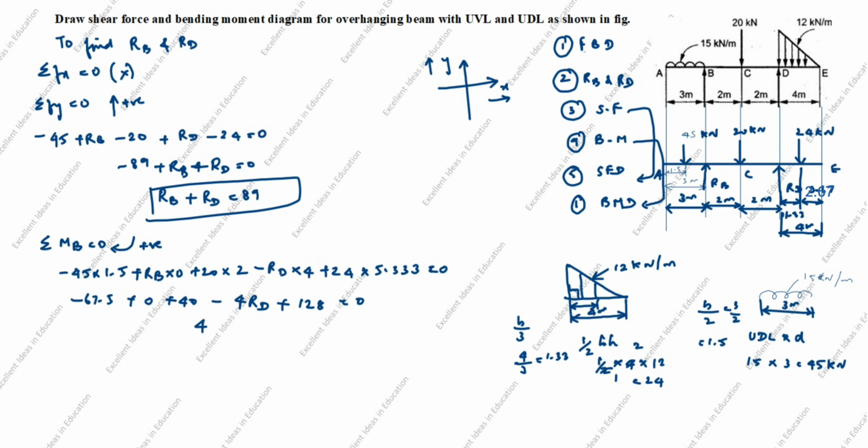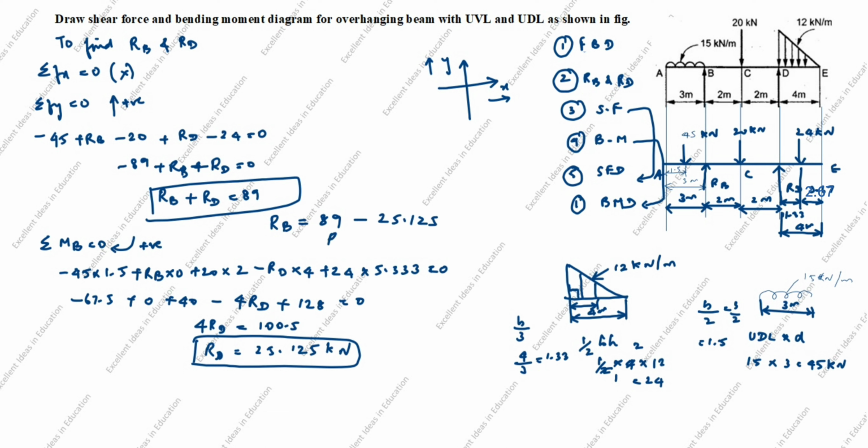4 RD is equal to 100.5. RD is equal to 25.125 kilonewton. What is the RB value? RB is equal to 89 minus 25.125. RB is equal to 63.875 kilonewton.